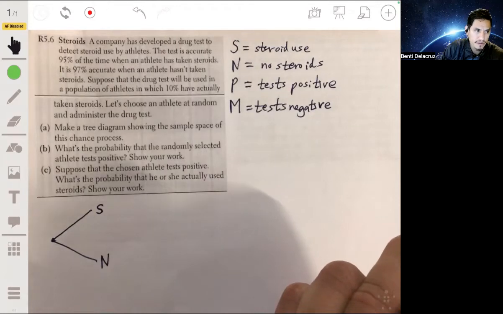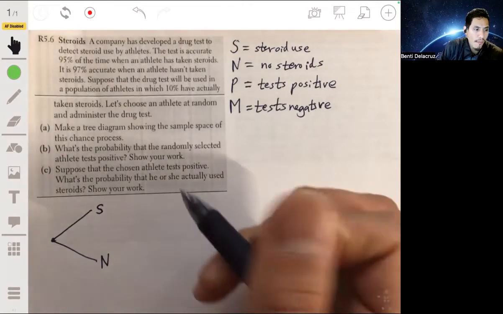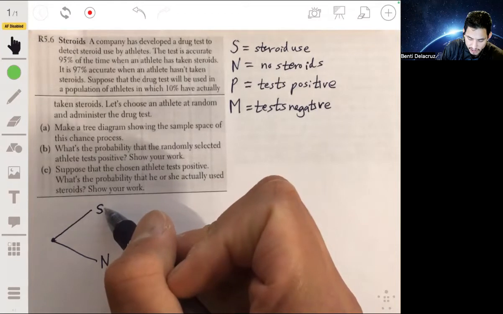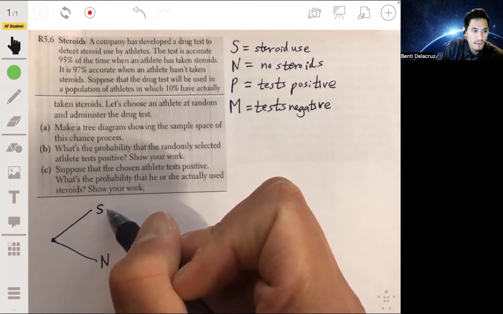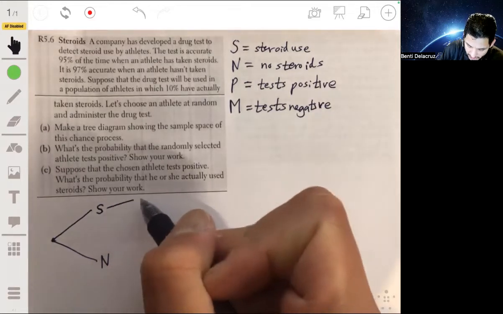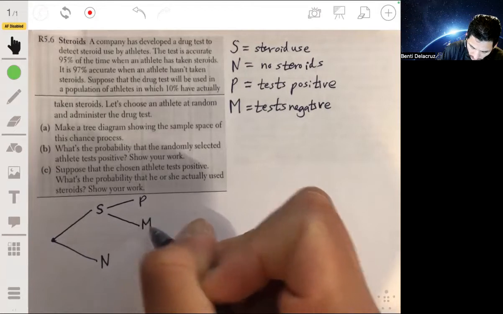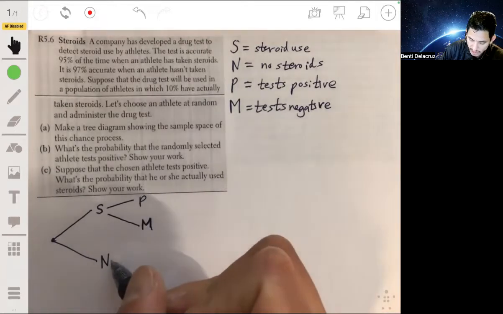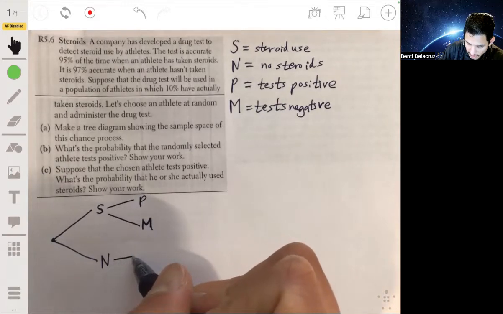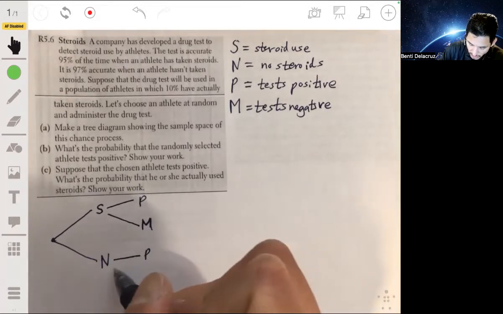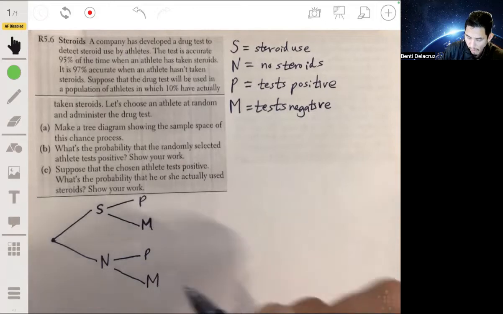That's what could happen first. Now, if they are a steroid user, they then take a drug test, and they can test positive or test negative. The same idea applies if they're not a steroid user. They could take a test and test positive, or test negative.